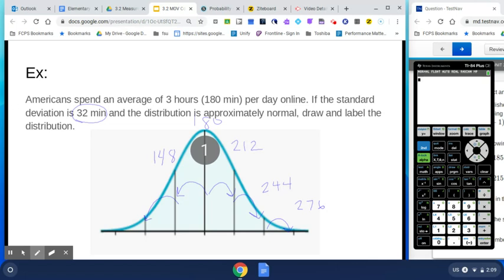So if I subtract 32 from 148, I would get 116 minutes. And if we subtract one more standard deviation off, again subtracting 32 from 116, I would get 84 minutes.